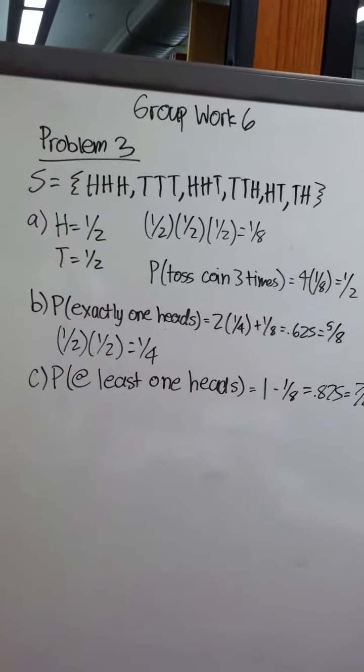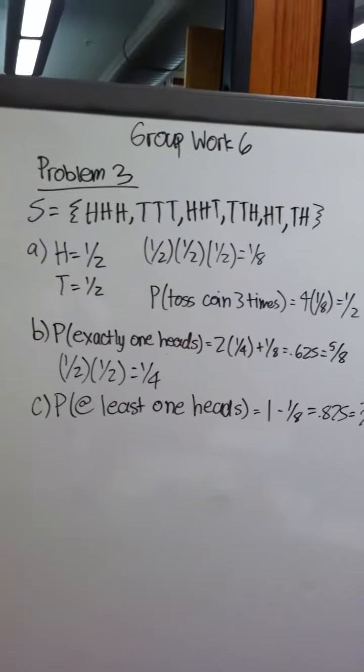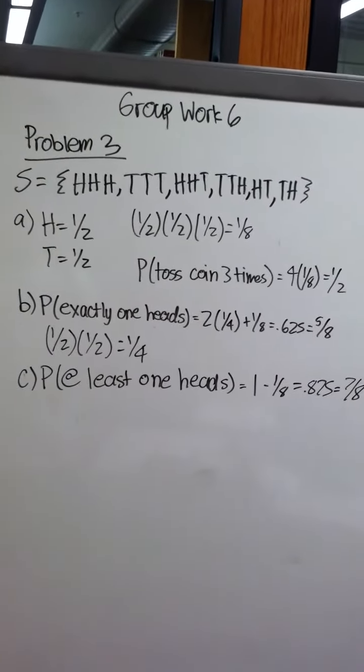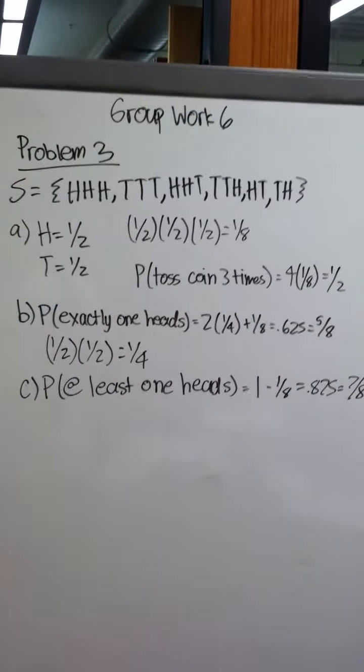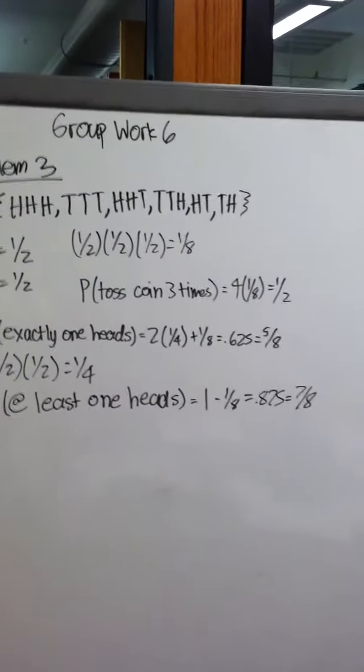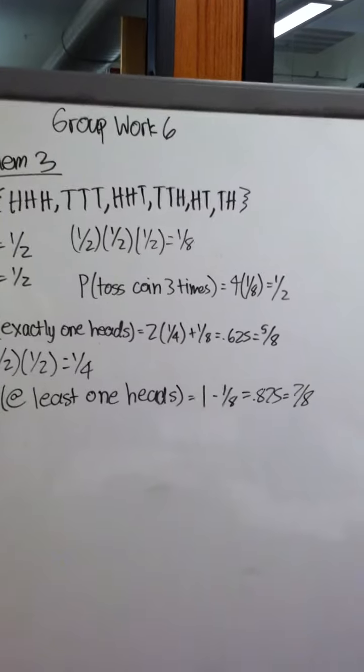So we take that outcome, which equals 1/8, and we subtract it from 1. So the probability of at least 1 heads is equal to 0.875, or 7/8.